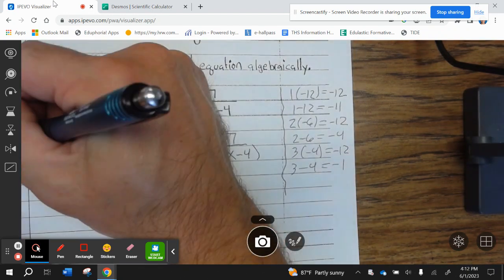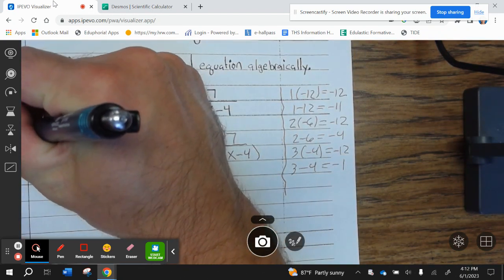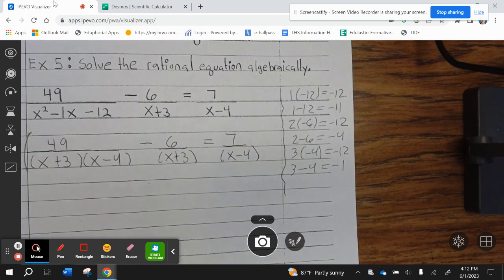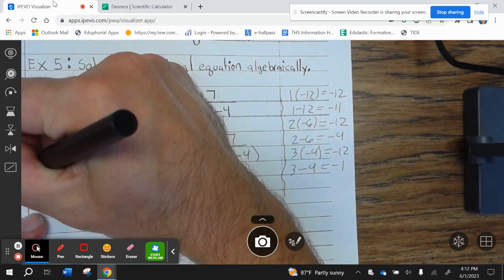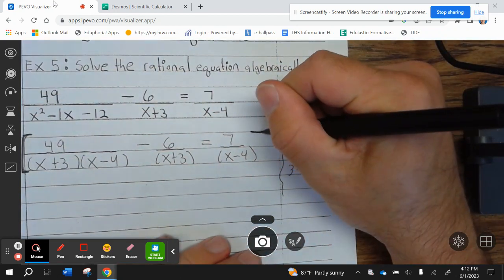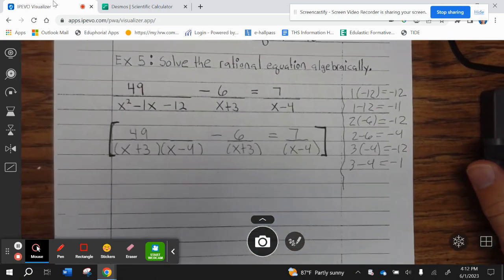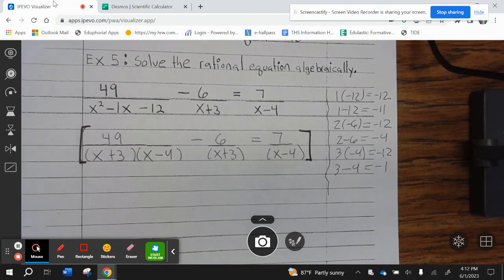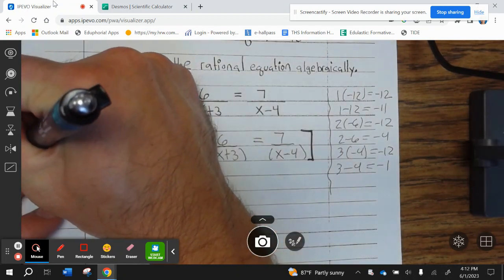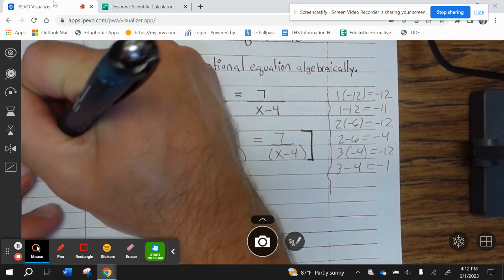Okay, so now we're going to multiply everything by (x plus 3)(x plus 4).